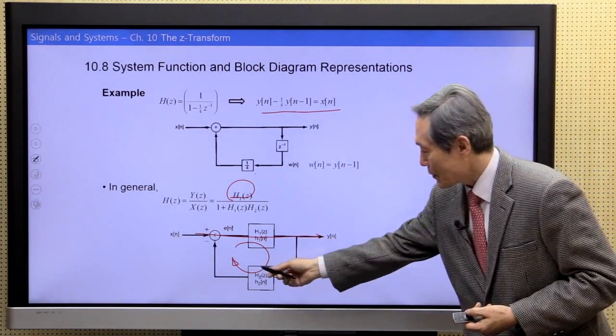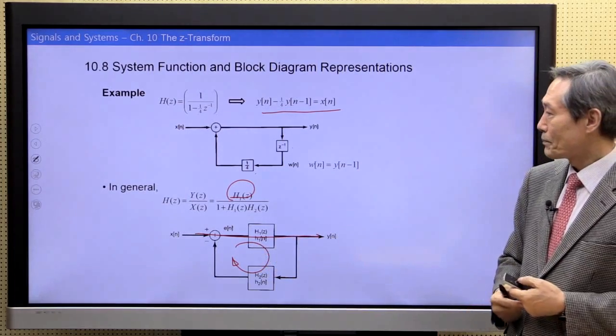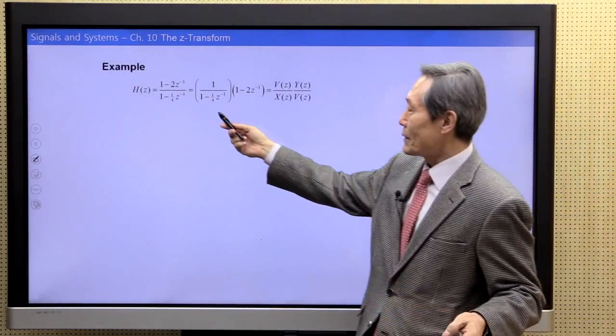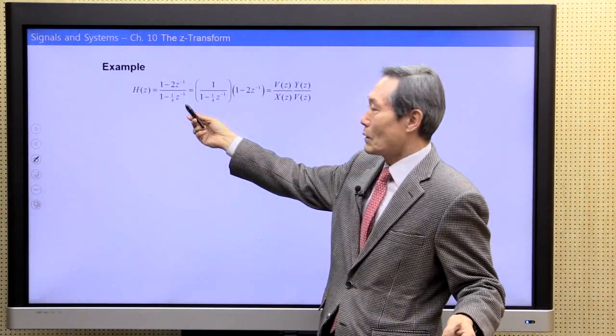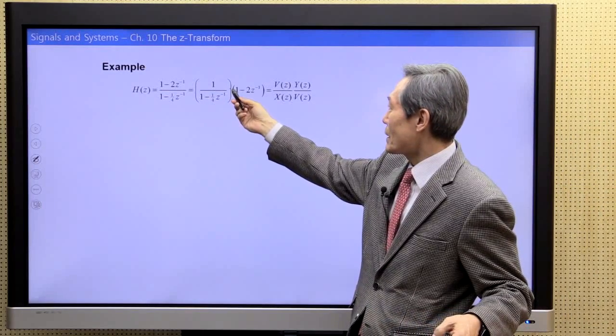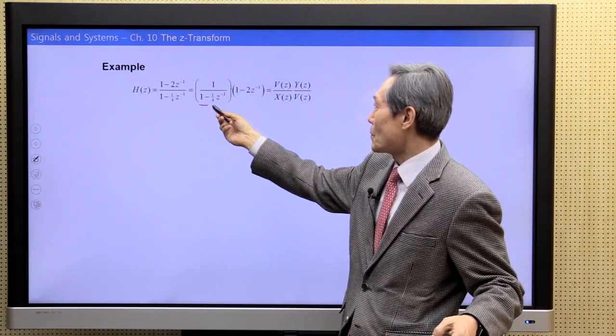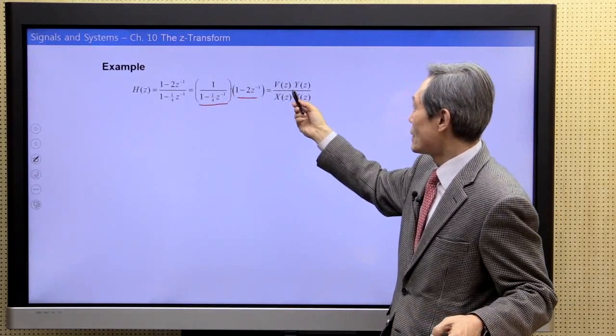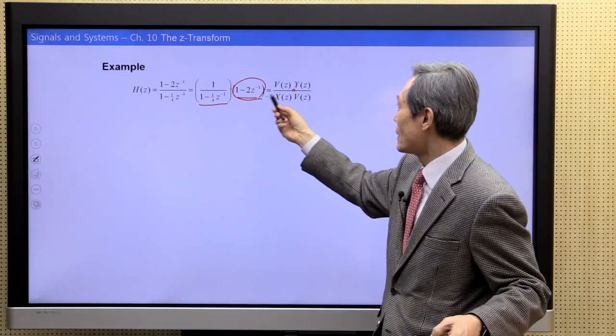This one has a feedback structure inside. Some examples. Suppose we are given this first order. We may split it into two terms, product of two terms. This one is what we have just seen, and we have that much added. So the second part is for that.